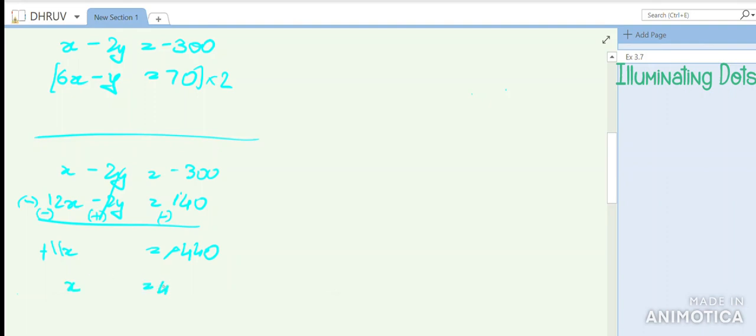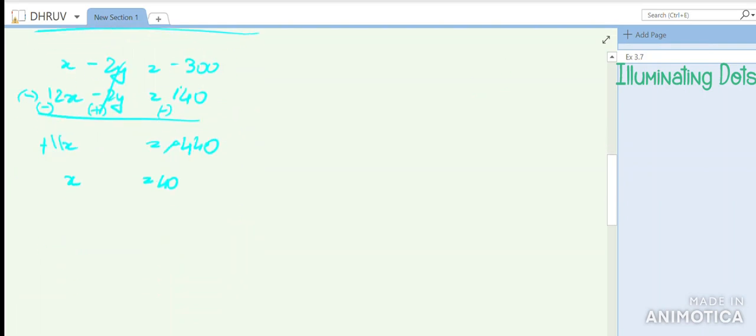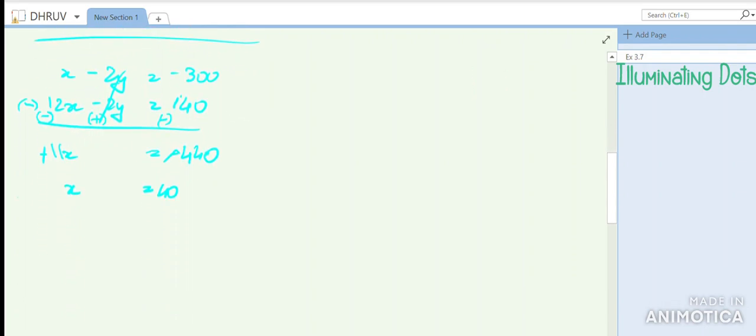How? I divided both the sides by minus 11. Now I got the value of x, and next the value of y. I will use 6x minus y is equal to 70. Therefore 6 into 40 minus y is equal to 70.